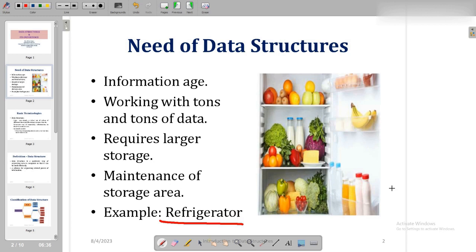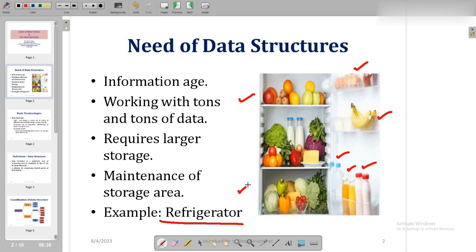Consider here, in the bottom of the door, we keep some milk, juice and water. Some liquid items are placed here. In the middle of the door, some fruits are placed. In the top of the door, eggs are placed. In the top rack, some fruits are placed. In the bottom rack, some vegetables are placed. So like that, the things are organized.